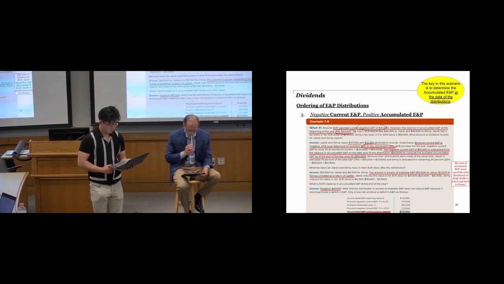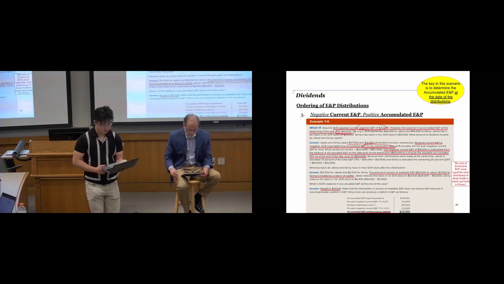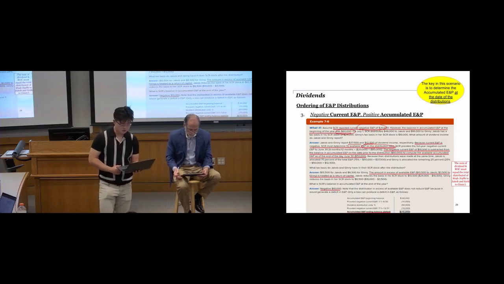ownership percentage of the available earnings. What tax basis do Jacob and Ginny have in their SCR stock after distribution? That will be 13,500 for Jacob and 6,500 for Ginny. The amount in excess of available E&P, which is 10,500 to Jacob and 3,500 to Ginny, is treated as a return of capital.